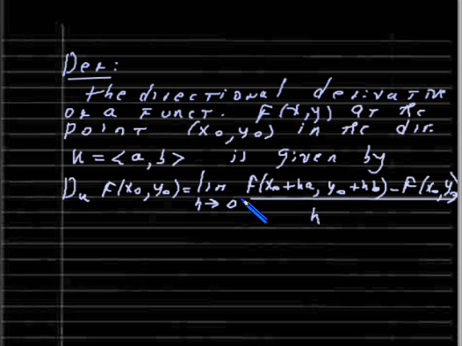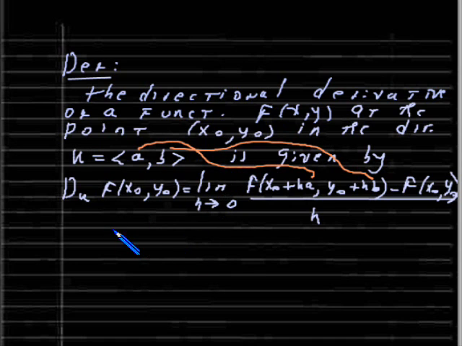The limit, as h approaches 0, of f of x naught plus h times a, y naught plus h times b, minus f of x naught, y naught, divided by h, where of course a corresponds to the a in the direction vector u, and b corresponds to the b in the direction vector u.